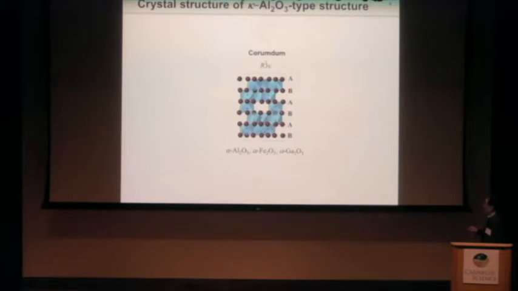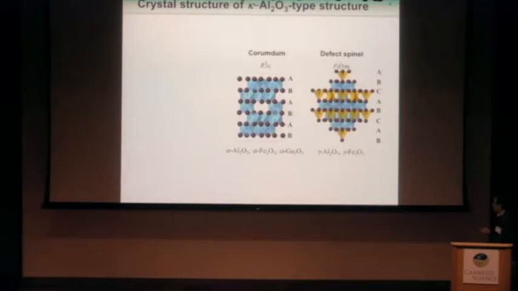The sequence of the close-packed layers of the oxygen is AB. A similar structure is the gamma alumina type structure, defect spinel. In this case, the close-packed layer of oxygen sequence is ABC, and inside the tetrahedral site and octahedral site, cation can occupy like this.